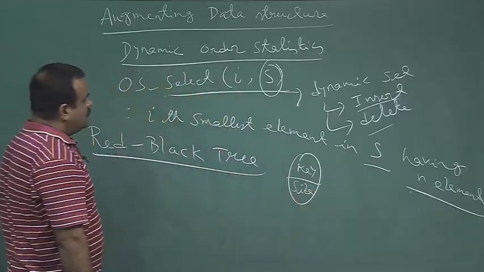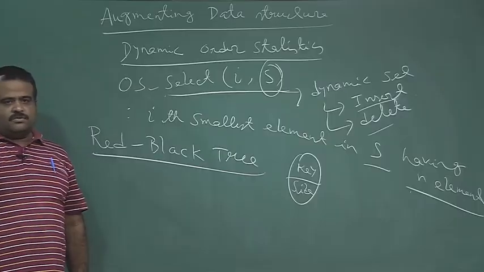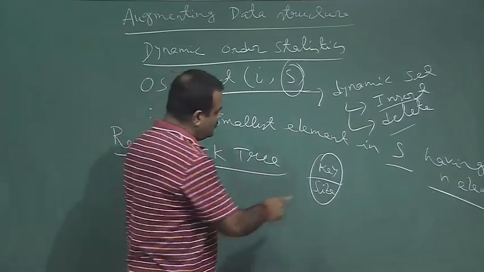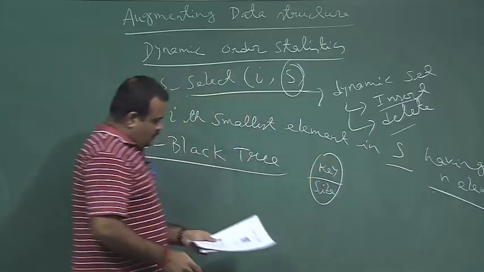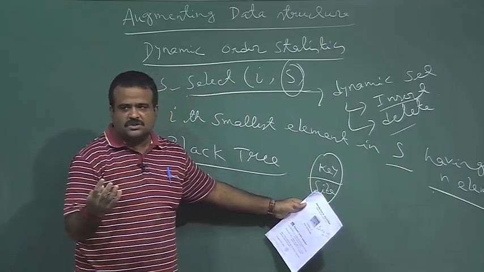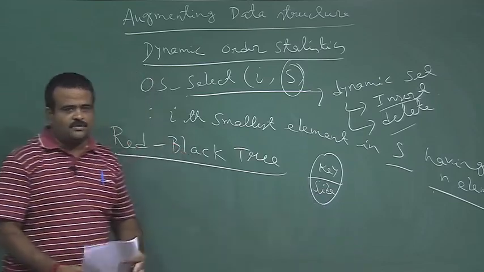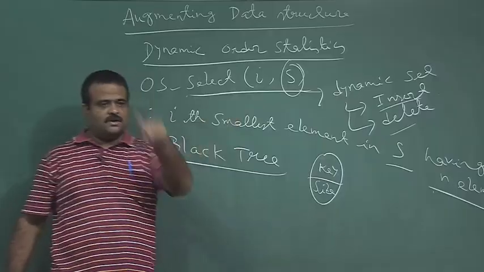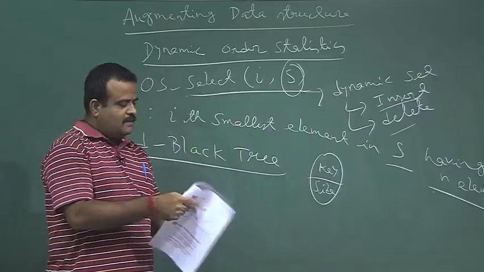Size means the size of the tree rooted at this node. This is the augmenting: we use the existing red black tree and store this extra bit of information there, the size of the tree. Okay, so let us take an example.